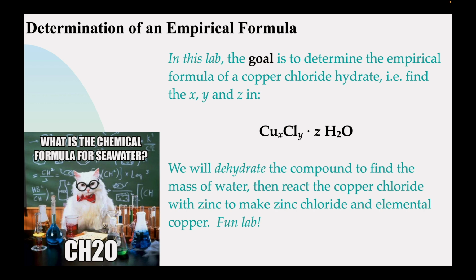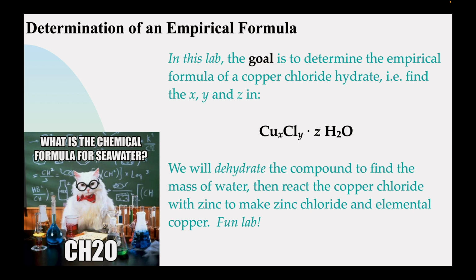So to do this, we're first going to dehydrate the copper chloride hydrate. And what that means is the waters will be kicked out, all right? And we'll be able to isolate by a difference in mass how much water was lost. So if your sample went from, say, 3 grams to 2 grams after this dehydration heating process, that would mean you'd have 3 minus 2 or 1 gram of water in your sample.